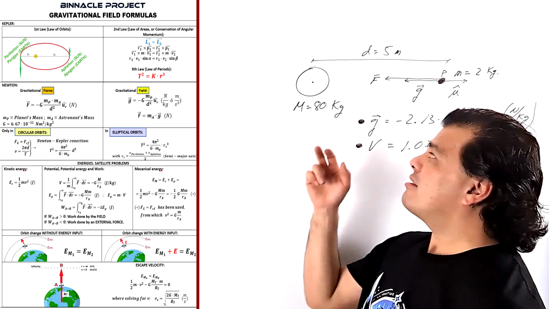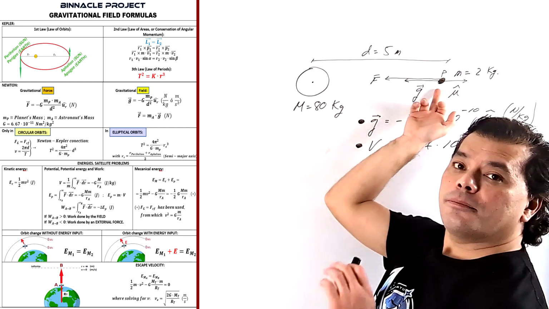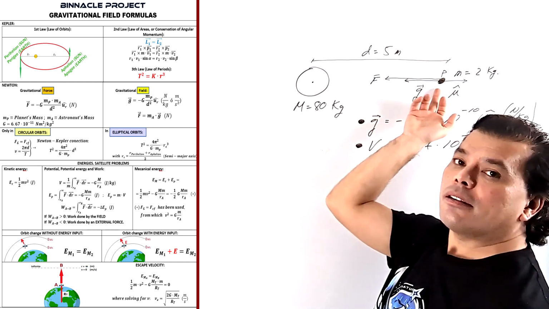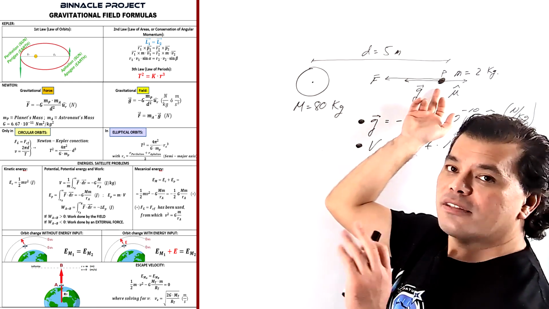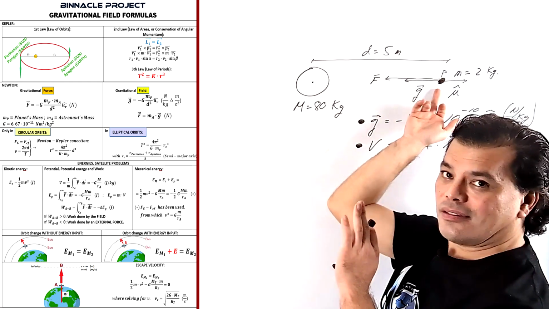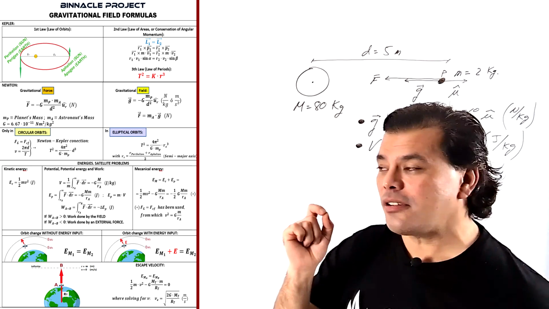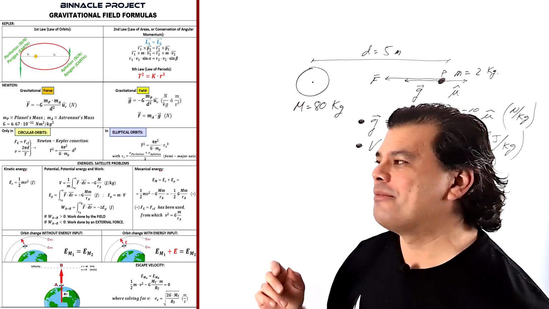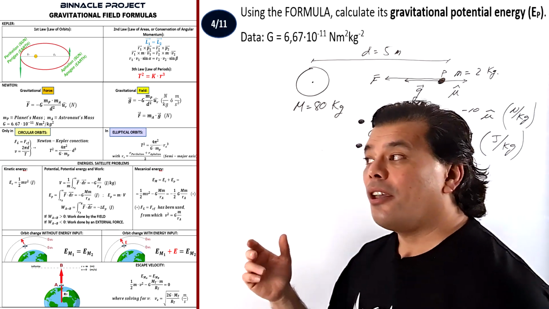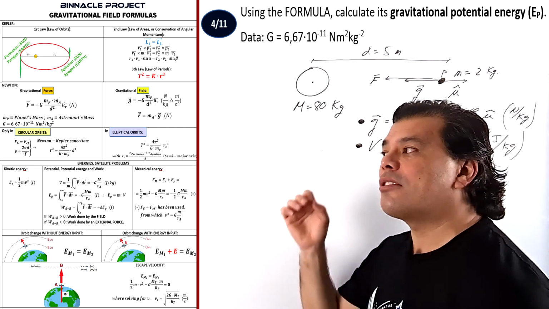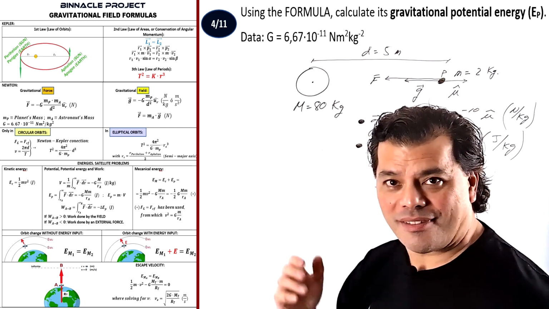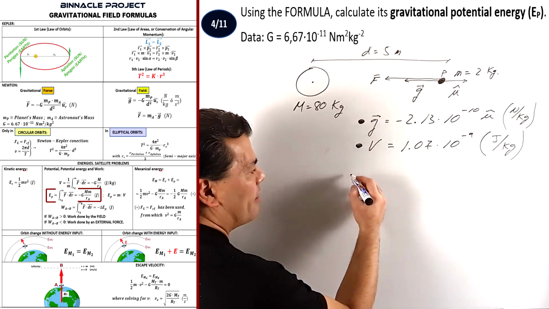Now that we've placed this little 2 kilograms mass at point P, let me show you another magnitude that appears only when there is a little suffering mass. I'm talking about the gravitational potential energy. Look, section D says, using the formula, calculate its gravitational potential energy. And this is the formula.